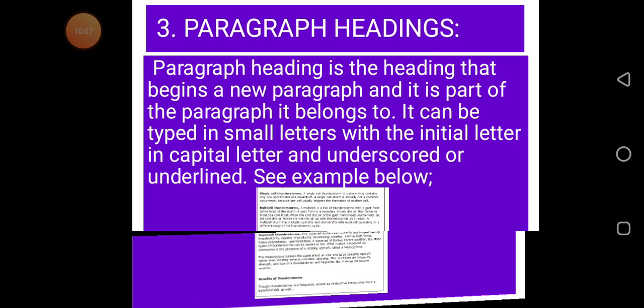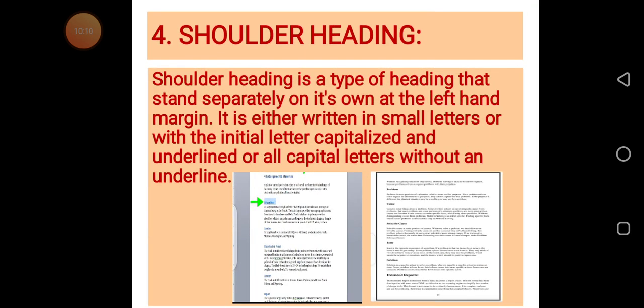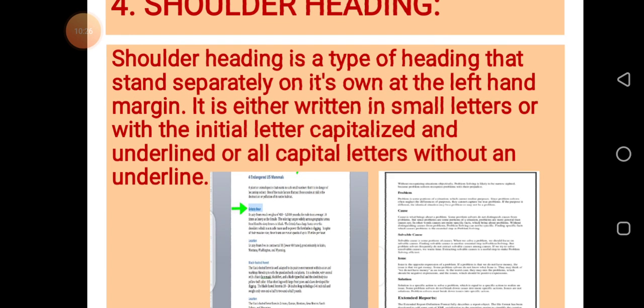Then next, we have what we call the shoulder heading. Just like we as human beings have our shoulders at the extreme ends of our body, that's how the shoulder heading is. So the shoulder heading stands at the left hand margin. It is on its own.